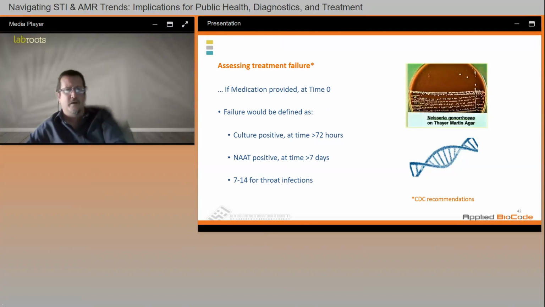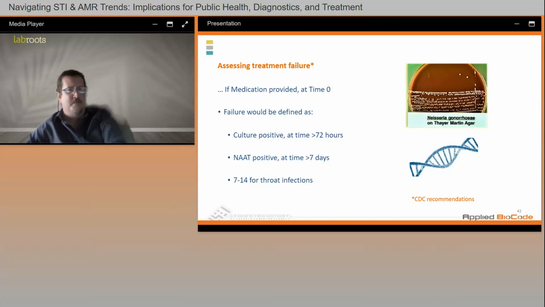And just a quick note that now that we are using molecular tests, you need to be able to assess treatment failures. The way a treatment failure is defined right now, according to CDC recommendations, is if medication is provided at, let's say, time 0, a failure would be defined on a molecular test as NAT positive greater than 7 days.